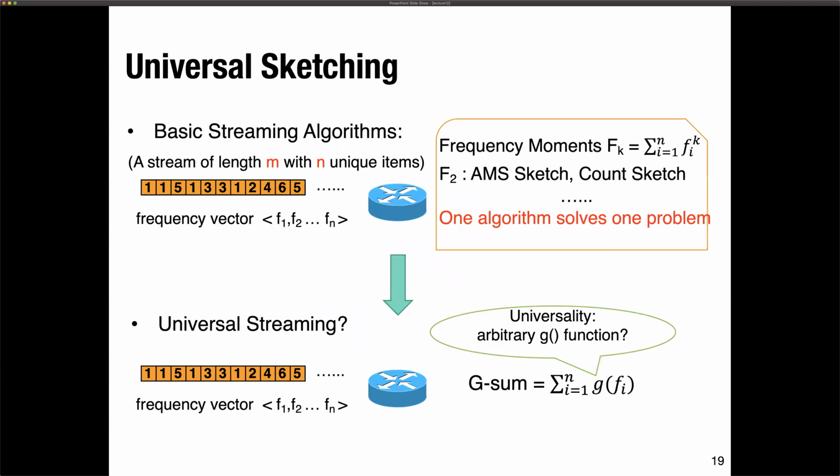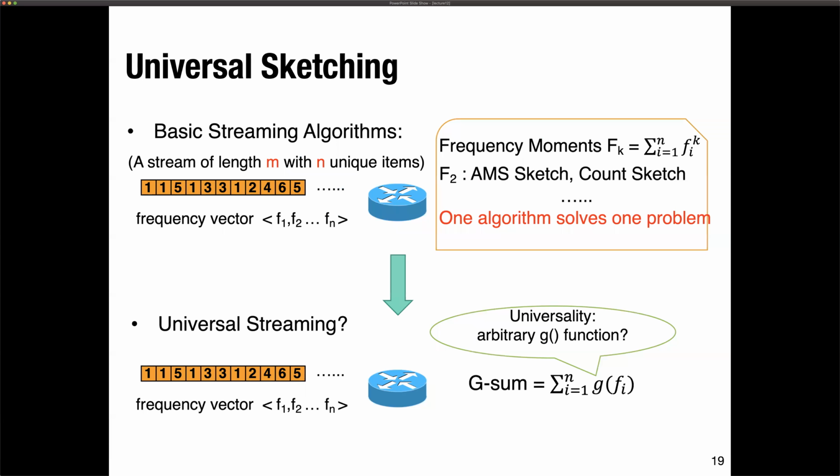Let's try to understand what is universal sketching, right? When we talk about universal sketching, there are these streaming algorithms where you have a stream of length m, where you have m elements, and out of them there are n unique elements, right? So you can represent that streaming data as a frequency vector, where f1 is the frequency of the first element, f2 is the frequency of the second element, and so on, right?